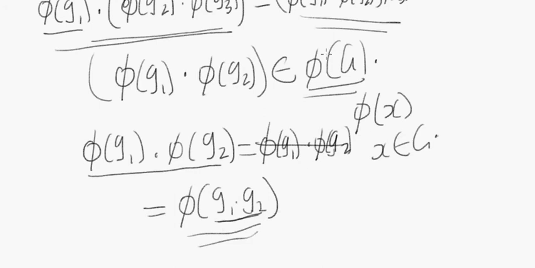Because this is equal to that, the product of two elements in the image of G gives us an element in the image of G. So the image of G is closed.